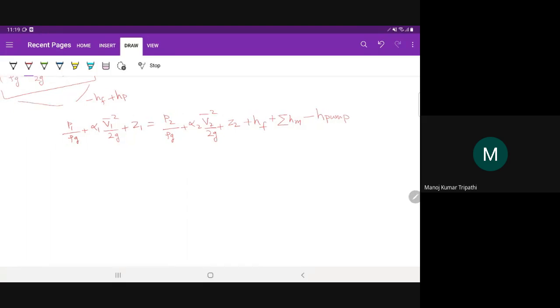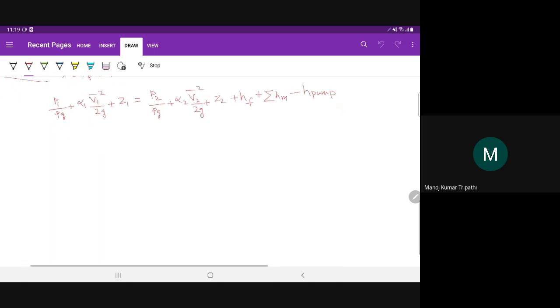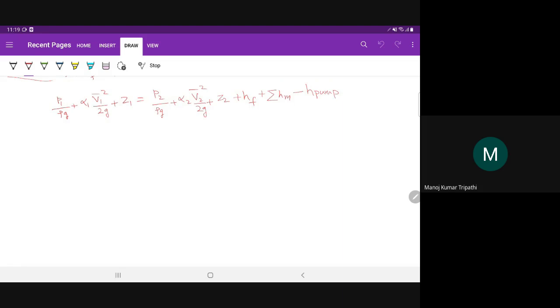So this is the entire equation where you have losses as well as some devices which add the head to the fluid. Okay. So this one is the Bernoulli equation with all the devices and the losses.